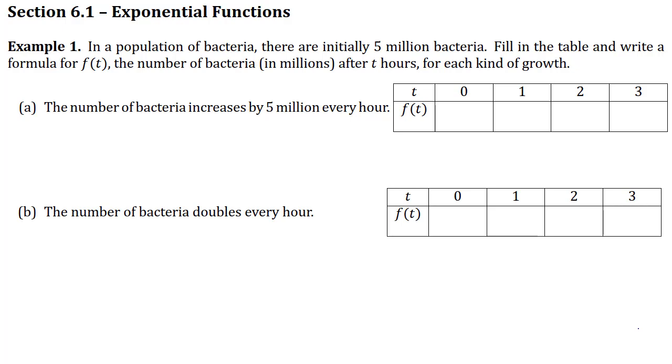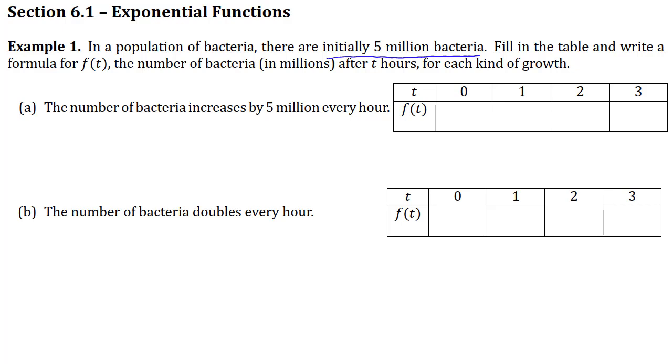But let's look at this first example 1 here. So we're given that a population of bacteria, there's initially 5 million bacteria. So it's starting with 5 million bacteria in it. And let's fill in the table and write a formula for f of t, the number of bacteria in millions, after t hours for each kind of growth.